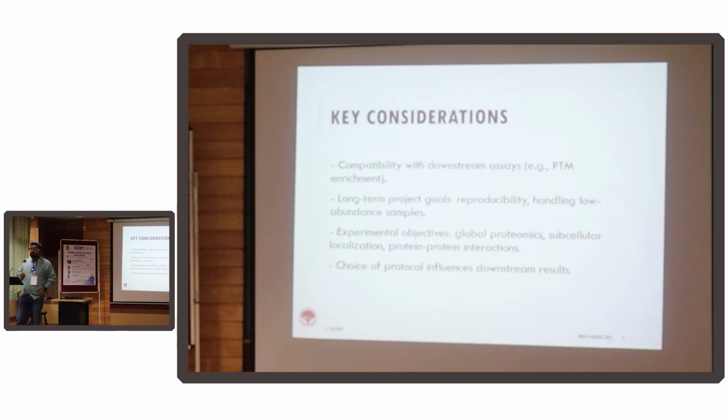Or you want to check only for the nuclear proteins. Now for a cell, if you want to do a nuclear protein, the best easy way will be to go for a nuclear fraction. If you want to check for mitochondrial proteins, an easy way would be to go for the mitochondrial fraction. So here, your knowledge of biology, your knowledge of analytical tools like centrifugation comes into play, right?